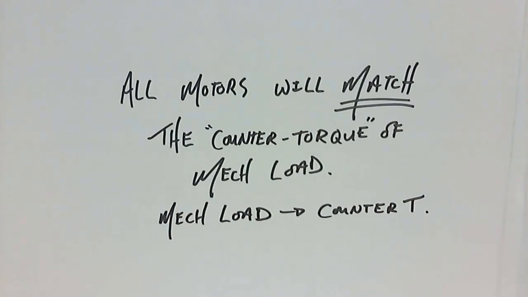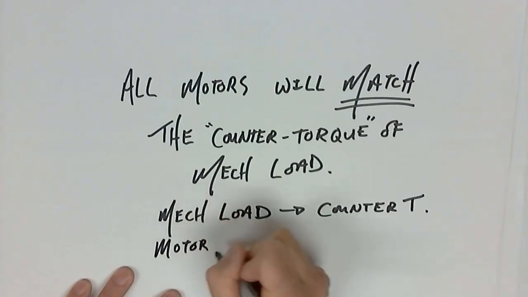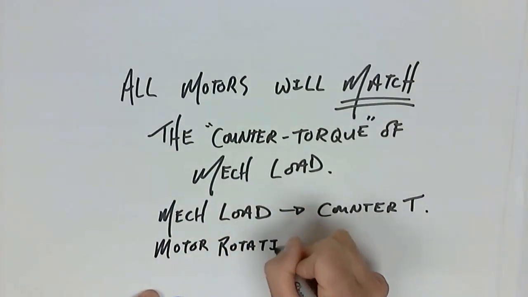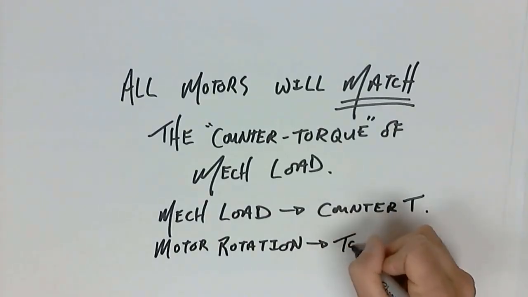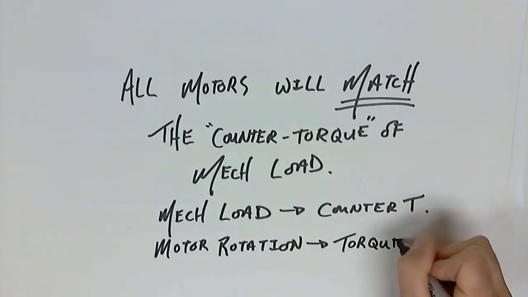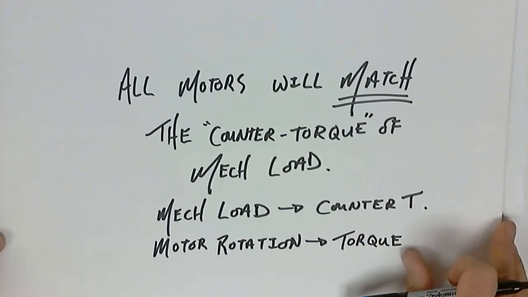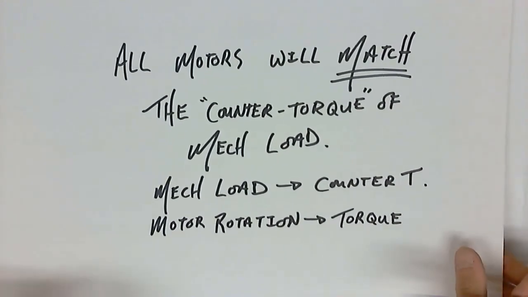Whereas motor load or motor rotation, the amount of power that goes into it, is referred to as torque. So the way that we then calculate this is in two different methods, depending if you're in North America or Europe.